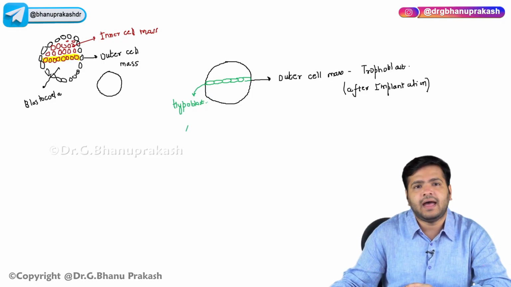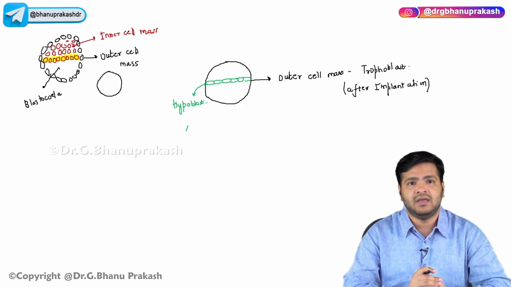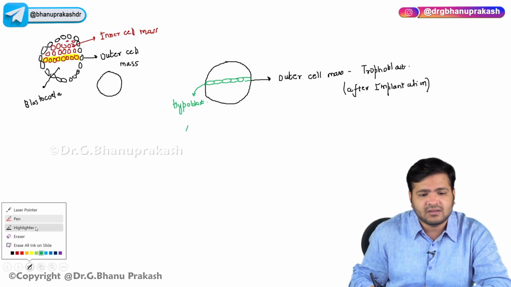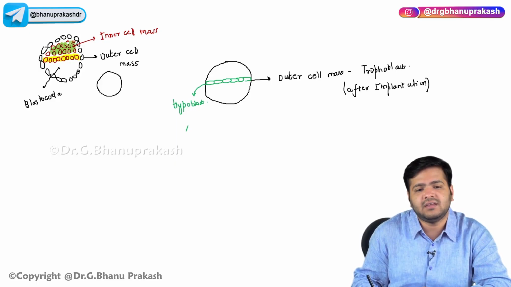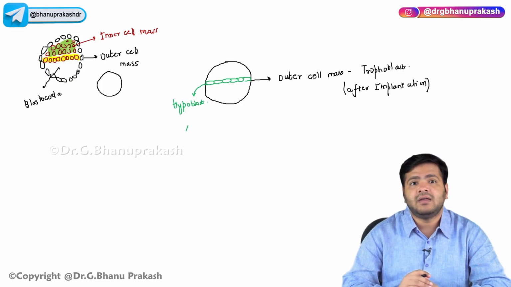Now the remaining inner cells, I am actually talking about the other cells which are remaining, the ones which I am highlighting with green. So these are the remaining inner cell mass.